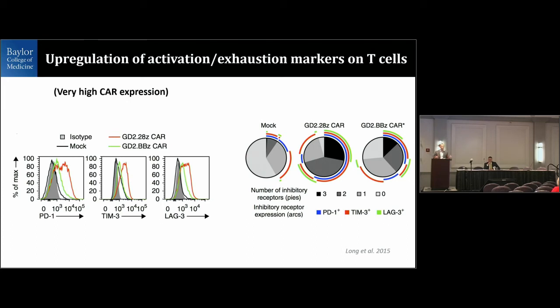So T cells really start thinking that they're receiving real antigen stimulation instead of that tonic, antigen-independent stimulation, and so that results in the upregulation of those exhaustion markers and the development of the exhaustion phenotype in the long run. And once you replace the CD28 with a 4-1BB, that seems to alleviate the effect quite a bit, and the upregulation of these exhaustion markers is reduced, and the cells look a bit cleaner, as you can see in the pie charts on the right.